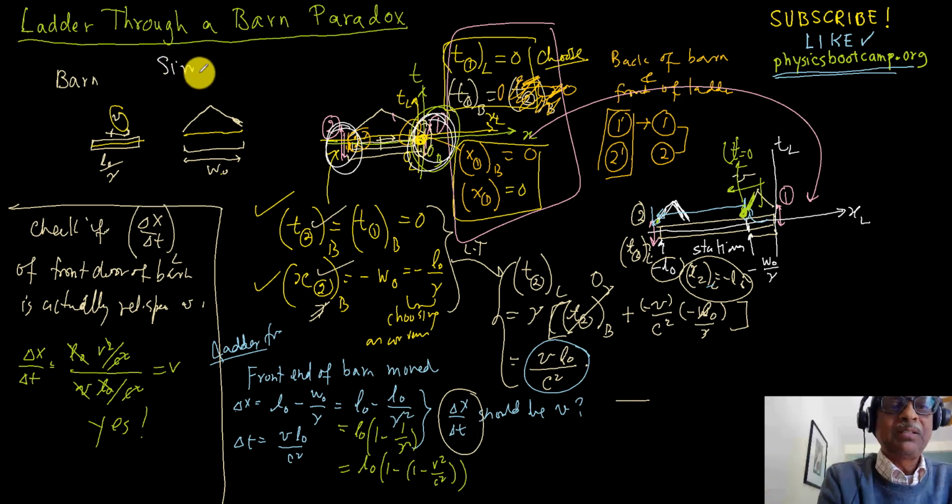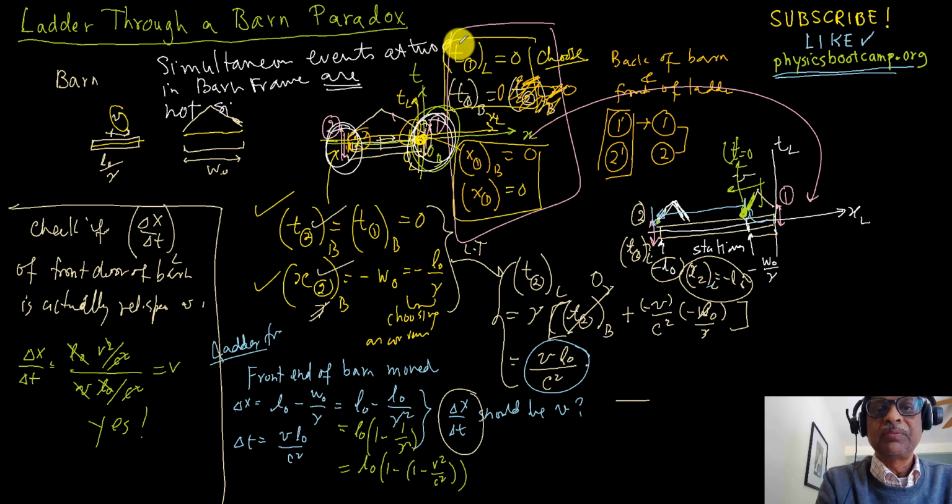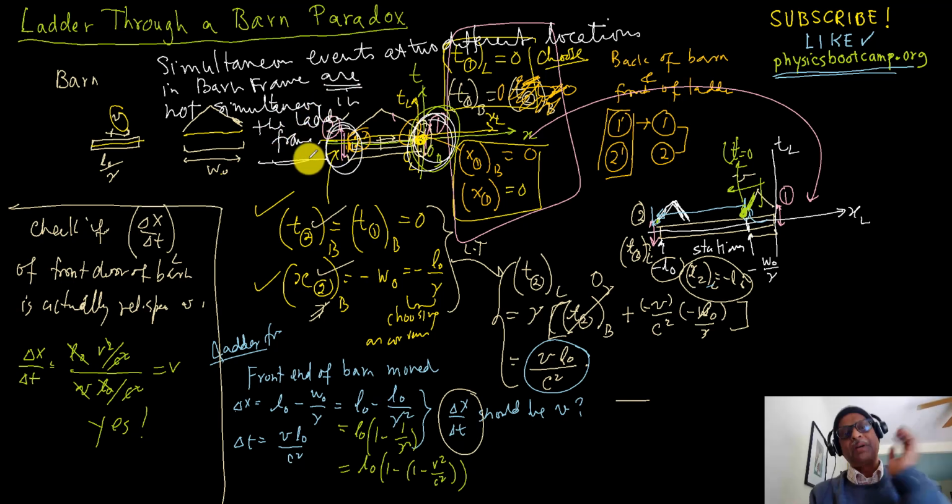So this is a test of simultaneous events. Events simultaneous in the barn at two different locations are not simultaneous in the ladder frame. So there you go.